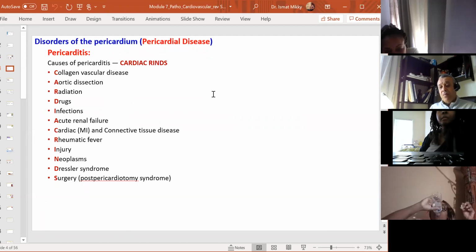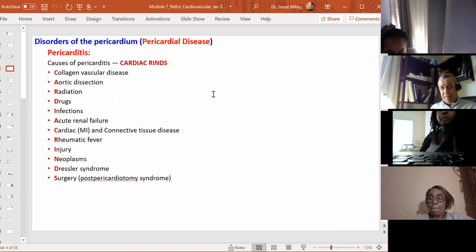Now, the disease itself is believed to be an autoimmune disease, which could also result from something we discussed last week called Dressler syndrome, or post-MI syndrome, which is a complication from the acute MI.